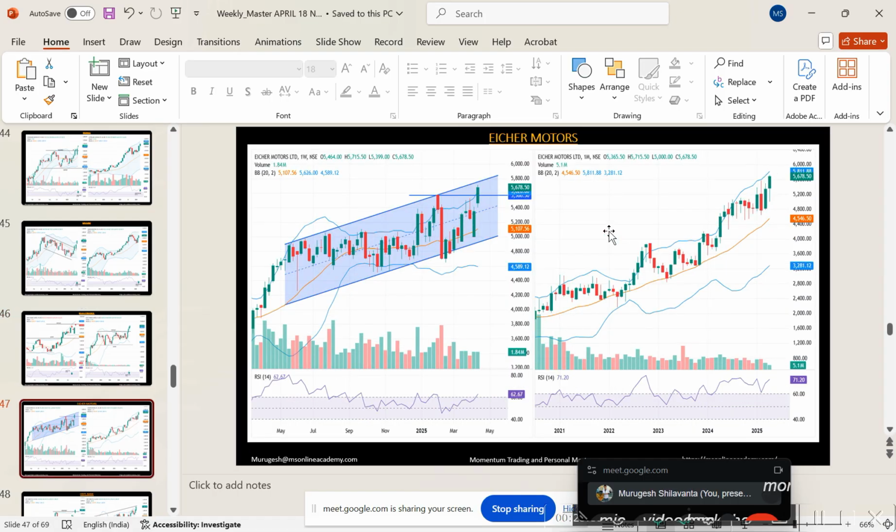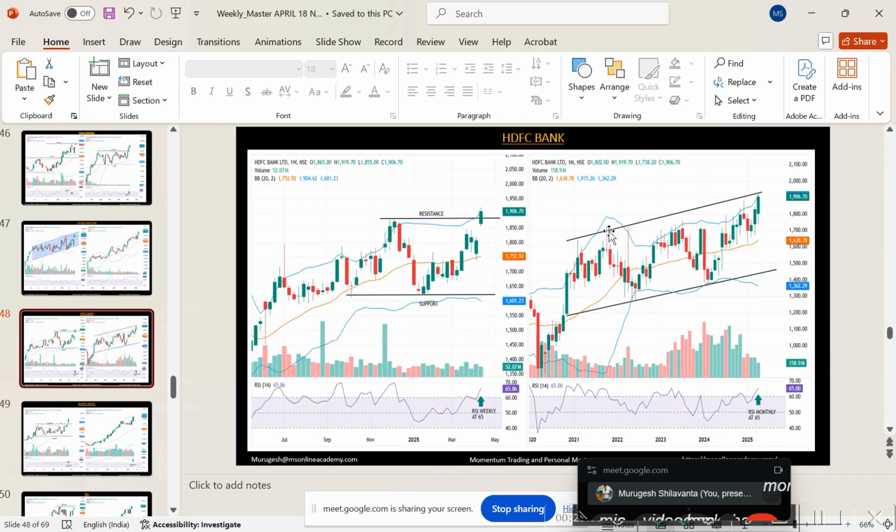Eicher Motors, this is from the auto sector, but it is performing very well. There is no resistance at upside, so we just have to trail properly, and wherever we get the opportunity, for example, weekly it is coming above 60, so we can apply the WCS strategy here.